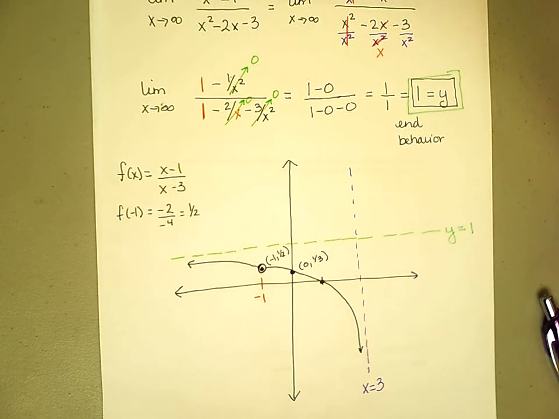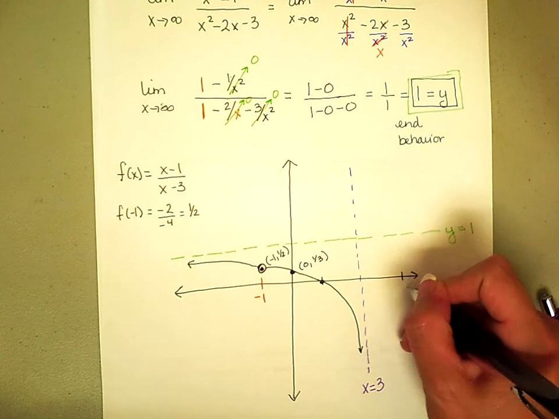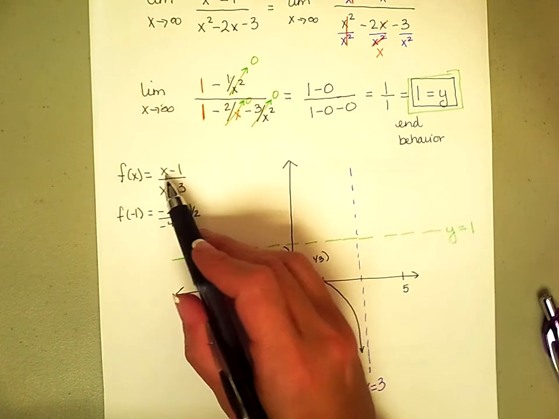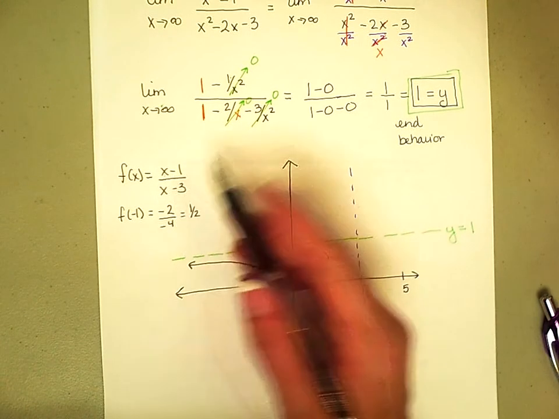And then finally, we just have to figure out if the graph lives up here or down there. So we need to pick a value on the other side of x equals 3 to evaluate and find out. Say 5.